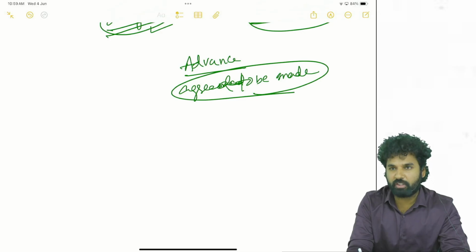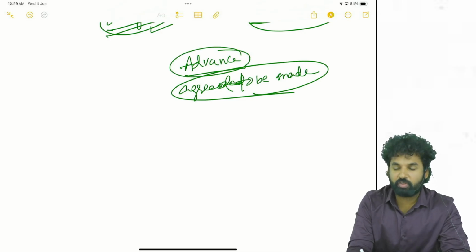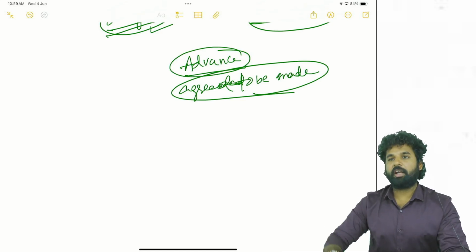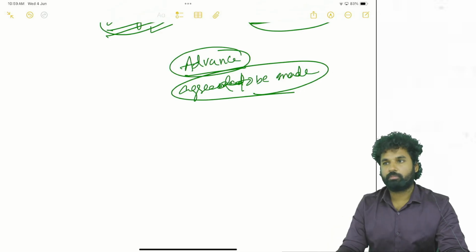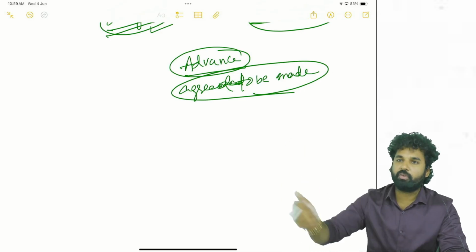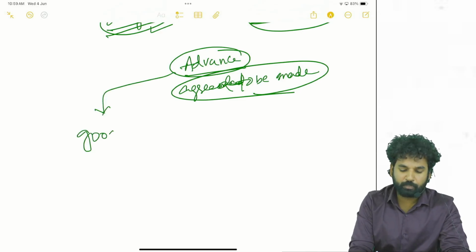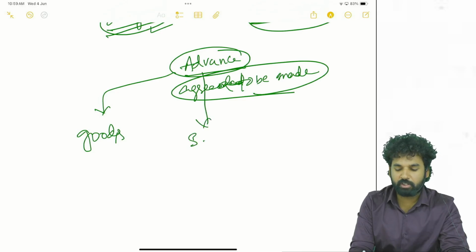This is the word we are discussing. So this is with respect to advance they are telling. Even though the transaction is not happening now, the transaction is going to happen in future. For that you have received some advance. So advance may be with respect to goods, advance may be with respect to service.